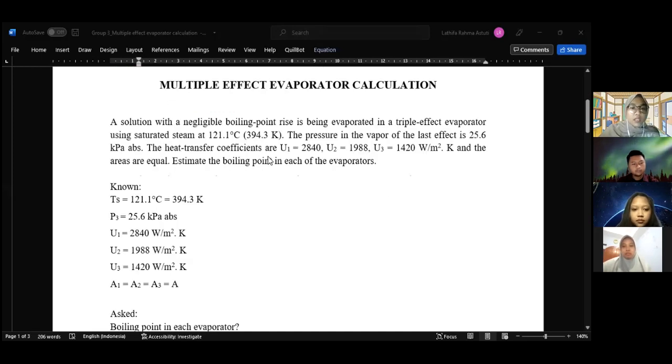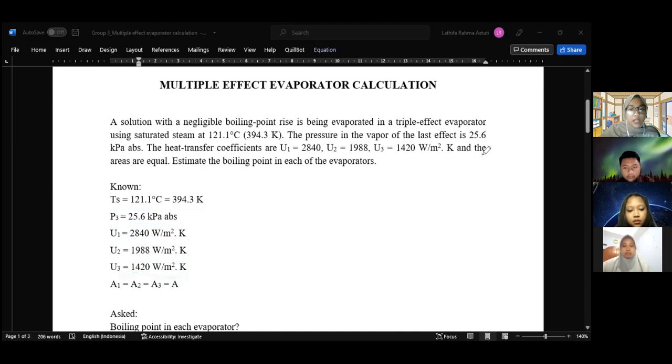From the question above, we can make a conclusion for the knowns. The temperature of the steam is 121.1 degrees Celsius. And the pressure on the third evaporator is here. And this is the heat transfer coefficient for the first evaporator, this is the heat transfer coefficient for the second evaporator, and this is the heat transfer coefficient for the third evaporator.